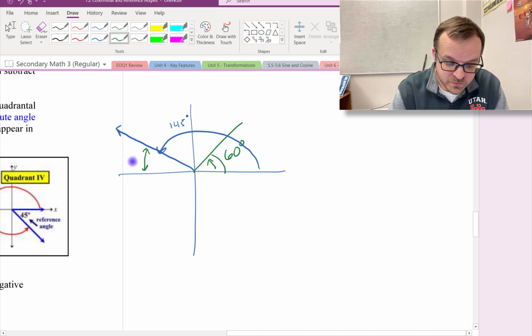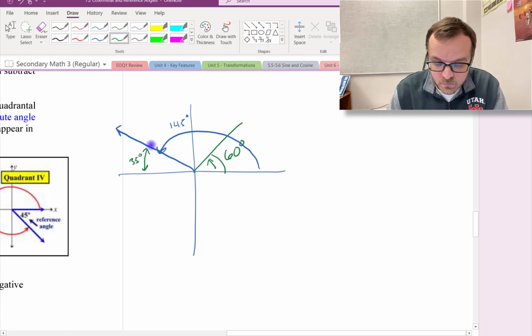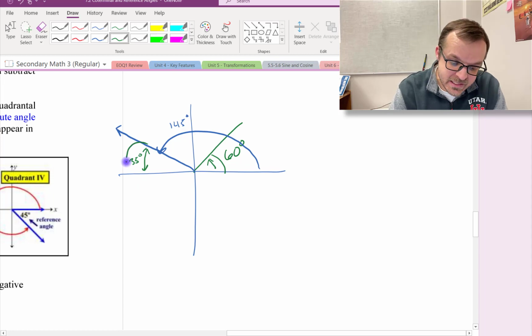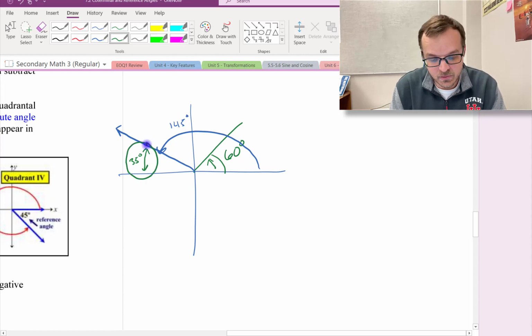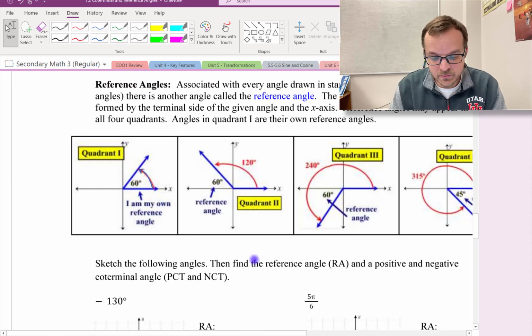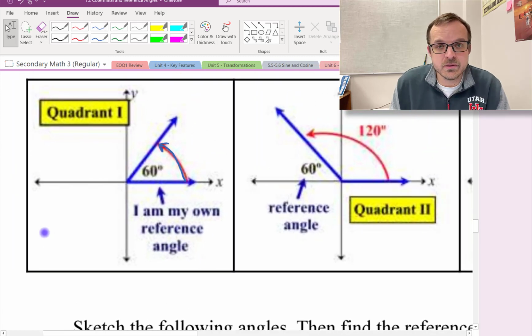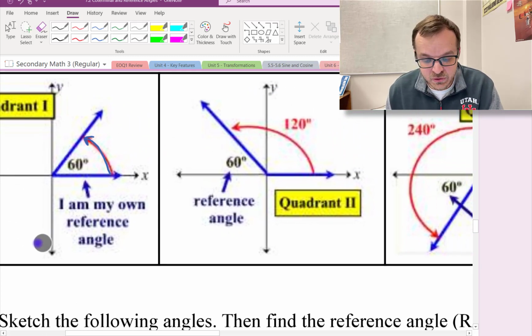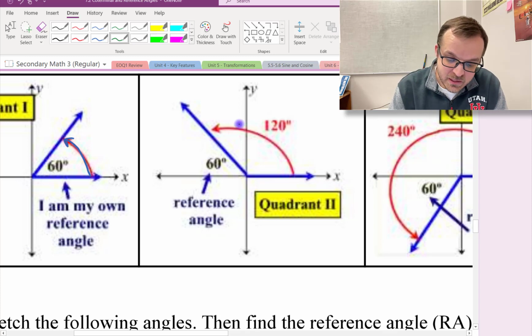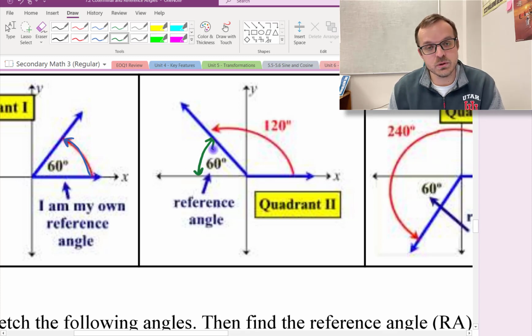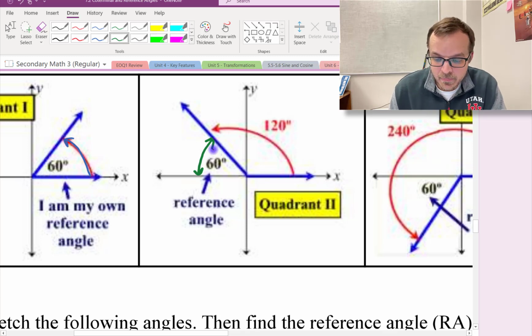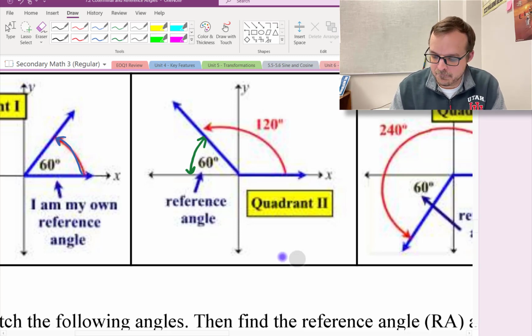So that would be 35. 35 plus 145 would get me to the 180 degree angle. This is the reference angle, okay? So in quadrant 1, all the angles are their own reference angles. In quadrant 2, if we graphed an angle of 120 degrees, then we just have to go down to the closest x-axis, which would be an additional 60 degrees, or 180 minus the 120.